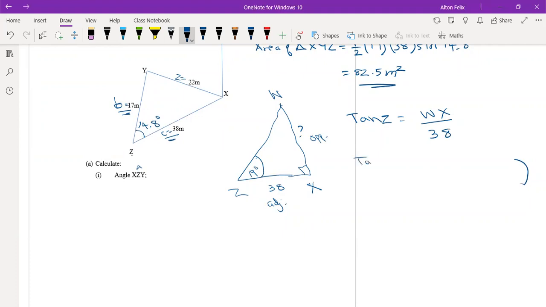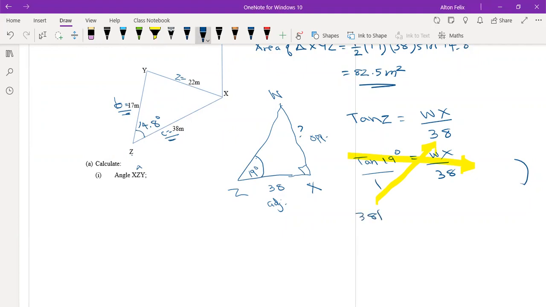So tan of 19 degrees would be WX over 38. And this is where we can now make use of our cross multiplication, right? 1 by WX, and we multiply tan 19 by 38. So our next line will read something like this.